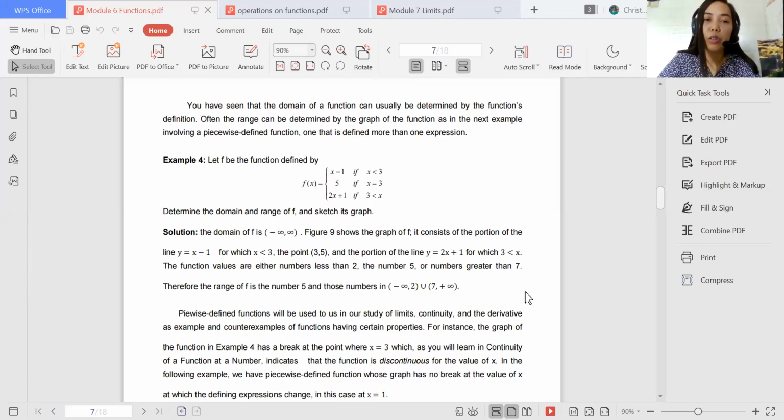Let f be the function defined by f of x is equal to x minus 1 if x is less than 3, and f of x is 5 if x is 3, and the third one, f of x is equal to 2x plus 1 if 3 is less than x.